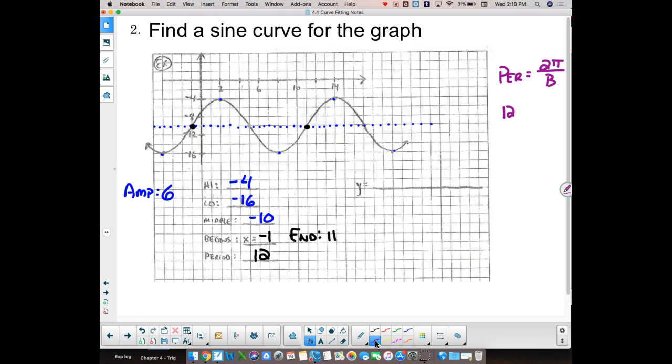And so if my period is 12, what's b? Remember, in math, we can flip-flop those two, as long as one's on top and one's on the bottom. That leaves us with b is equal to 2 pi over 12, or b is equal to pi over 6. Right?